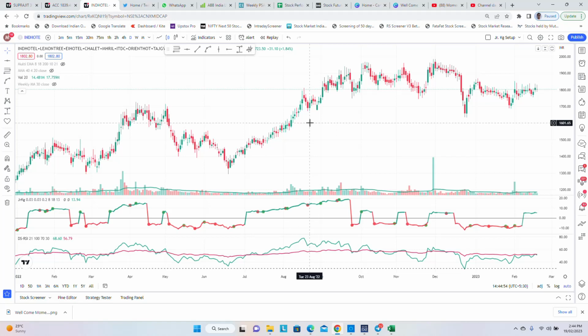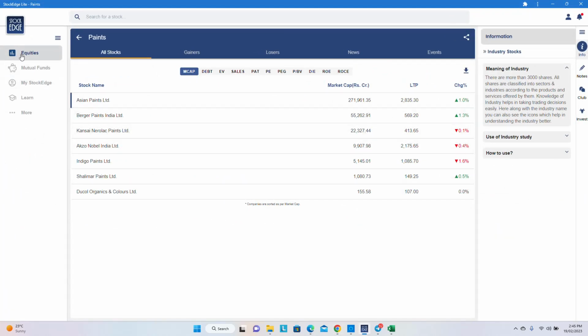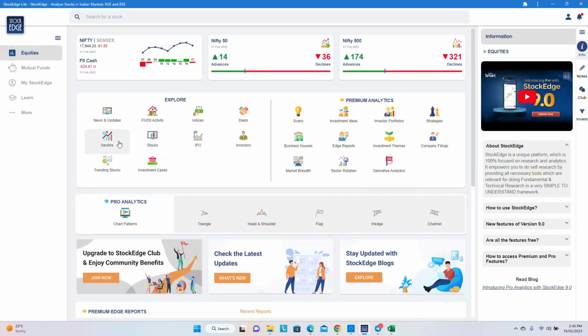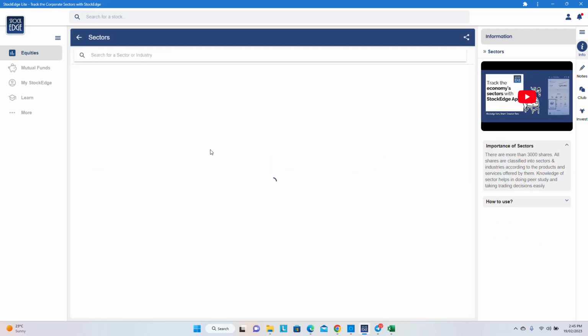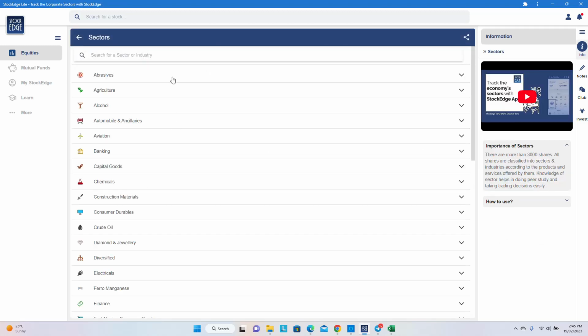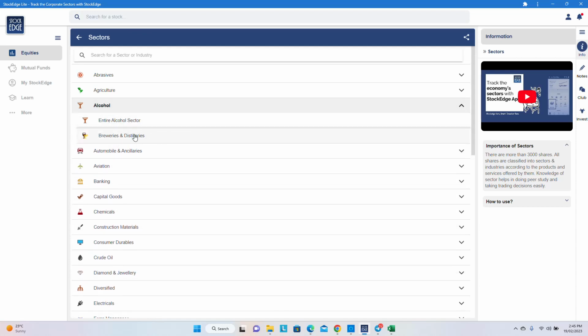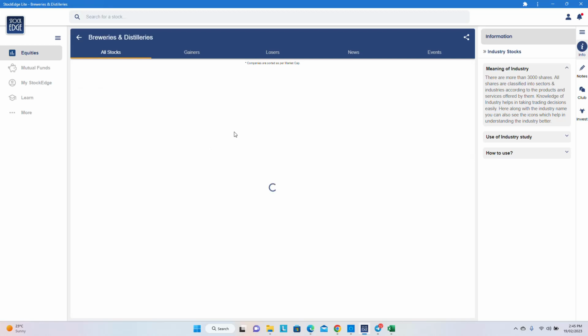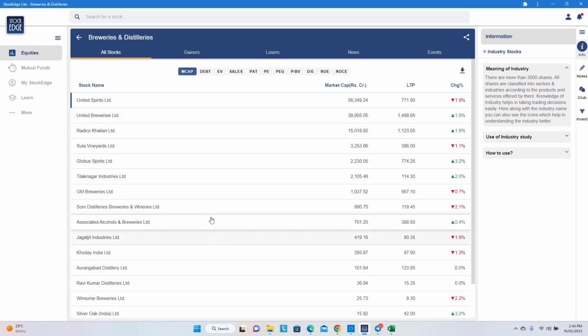There are two ways you can start. I start with Screener. If you go to Screener, there is a tab called Sector. If you click on it, you will see all the sectors, for example alcohol. If you click on it, you will find all the stocks in that sector.